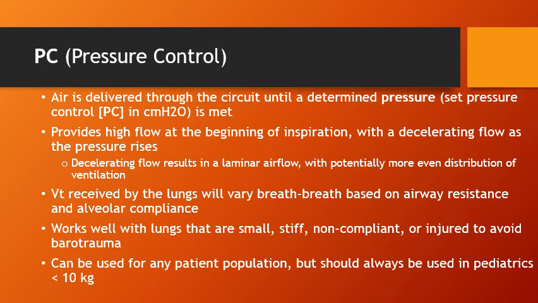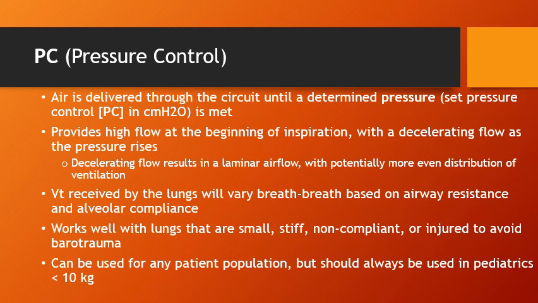Now, in pressure control breath type, the pressure is going to be the same breath to breath because we set it. We set that pressure control number, and so the ventilator is going to blow air in until that pressure is met every breath. What is going to change breath to breath, though, is the tidal volume. Because if the airway resistance is really high and the alveolar compliance is very poor, the ventilator is going to blow air in, and it's going to reach that high pressure very quickly.